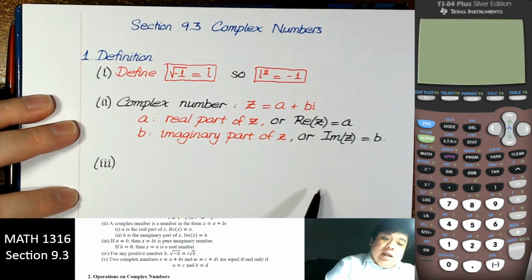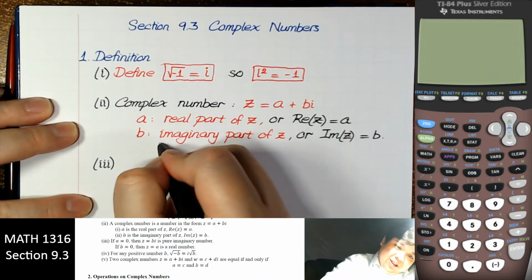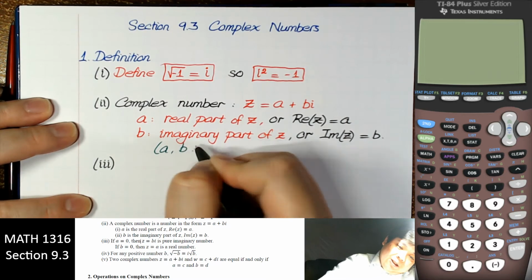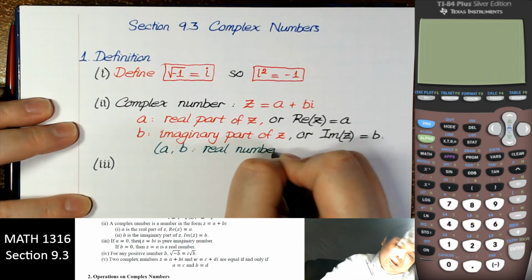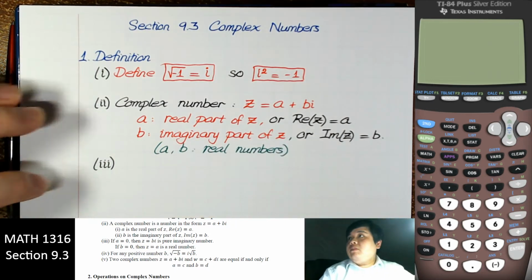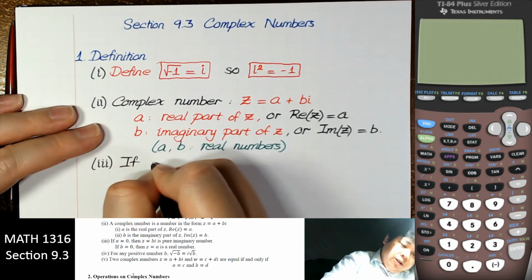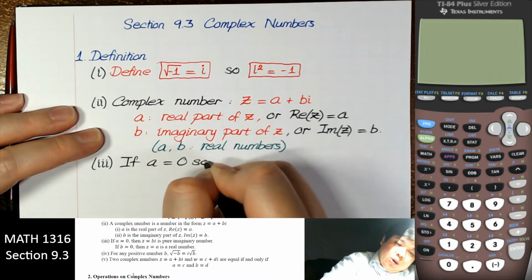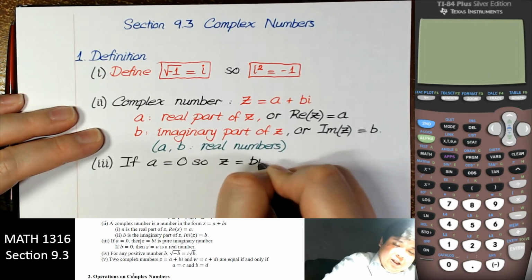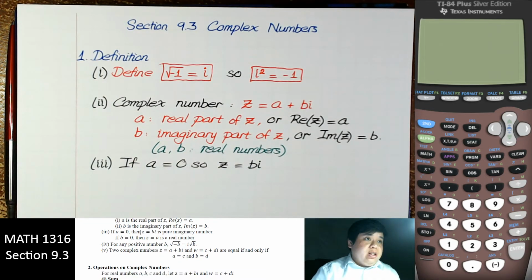By the way, what are a and b? a and b are real numbers. If a is equal to 0, in that case z is equal to bi, and so we just say pure imaginary.